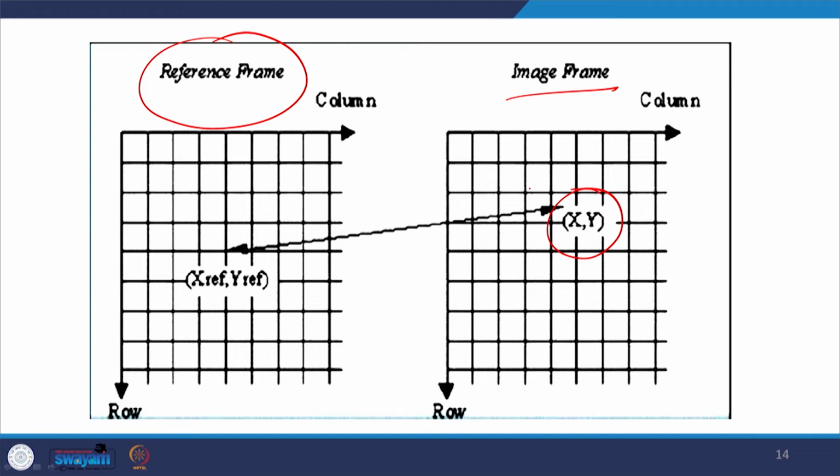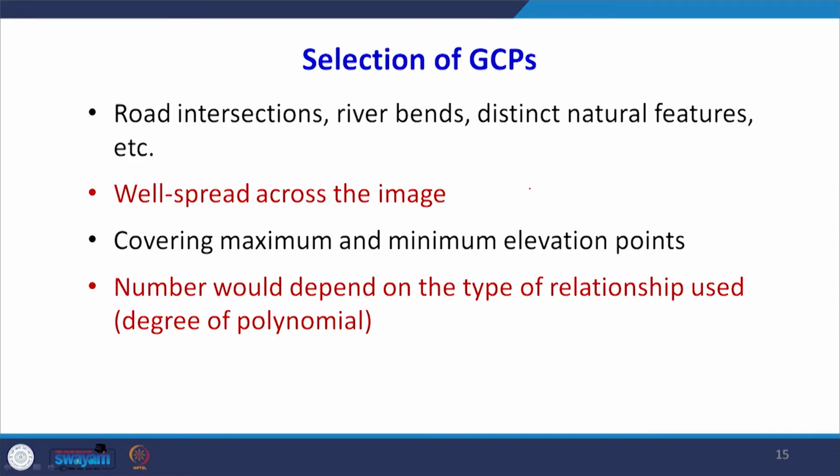So this is slightly tedious work which has to be done very carefully, because when we are selecting the GCPs, a very important thing is that they should be prominent points which you can locate, because otherwise if there is some error in locating on the image which is to be registered, then you may get a large RMSE. So this should be within a pixel only when we are trying to locate.